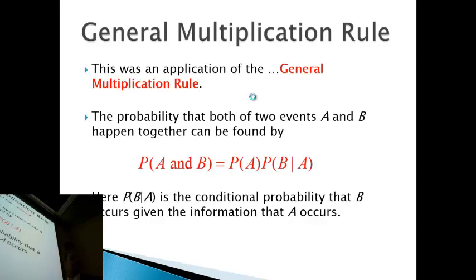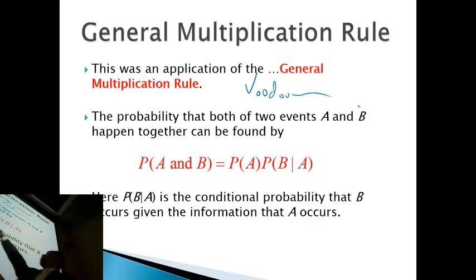Now, if you know the answer right away, you don't necessarily need to go through step by step and put down the different set theory. Just showing you what you multiply to get the answer. But the general multiplication rule is what we just did.